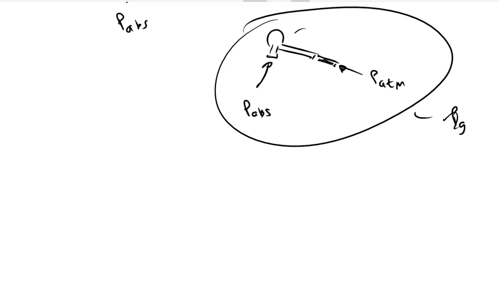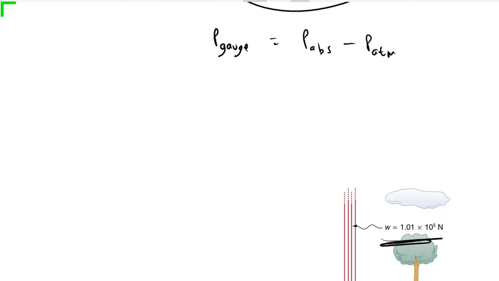So the gauge pressure measures the difference between the absolute pressure, what's coming in, pushing air in, and the atmospheric pressure, which is resisting it. So the gauge pressure is the absolute pressure minus the atmospheric pressure. Or with just a little bit of algebra here, we can say that our absolute pressure is equal to the gauge pressure plus whatever the atmospheric pressure is.